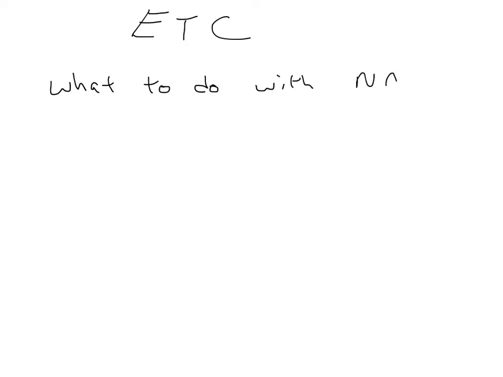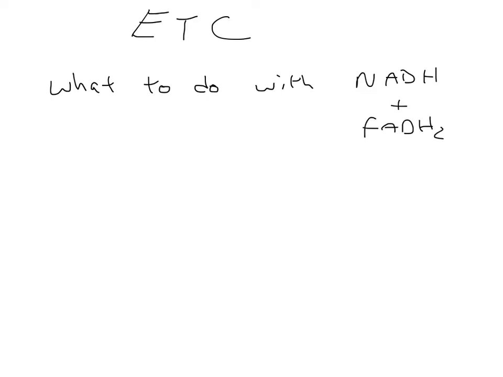In this video, we're going to talk about the electron transport chain, and in some ways we need to answer the question of what to do with NADH and FADH2.